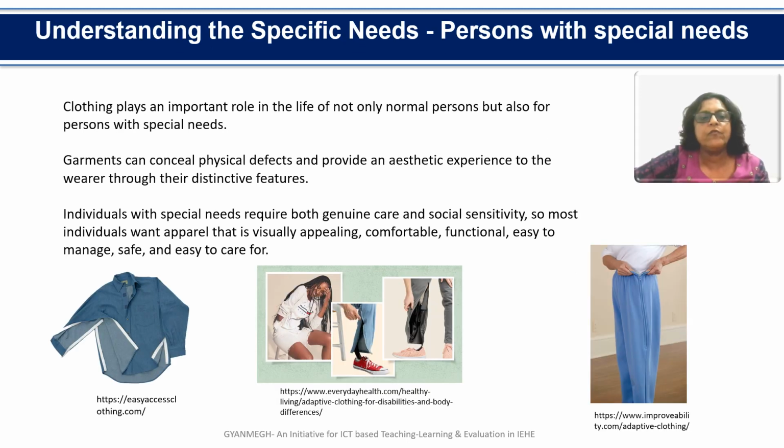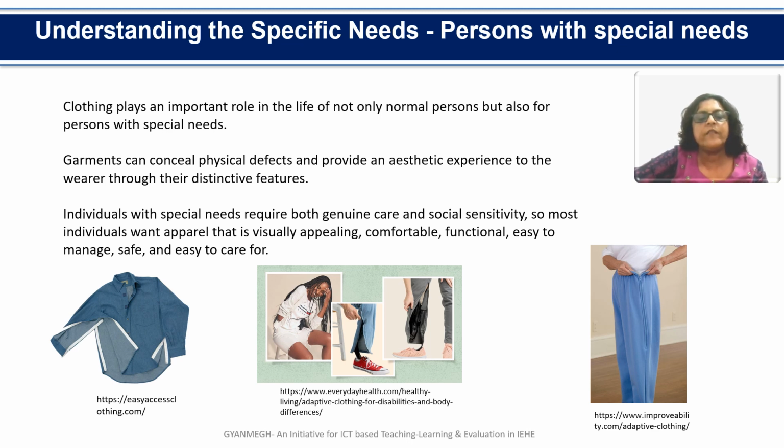Next, we are going to see the understanding of specific needs for persons with special needs. Clothing plays an important role in the life of not only normal persons but also for persons with special needs. Garments can conceal physical defects and provide an aesthetic experience to the wearer through their distinctive features.